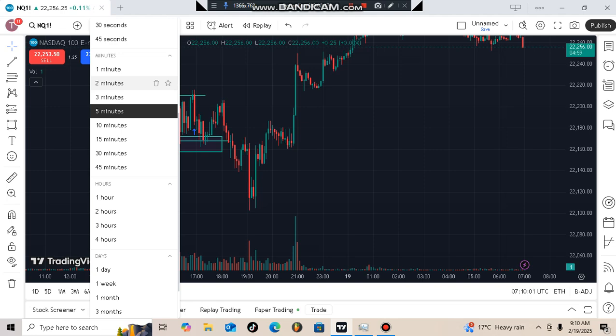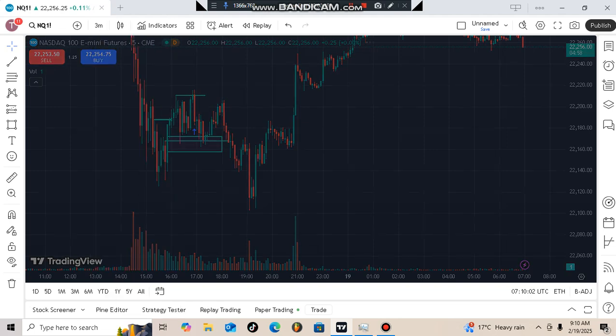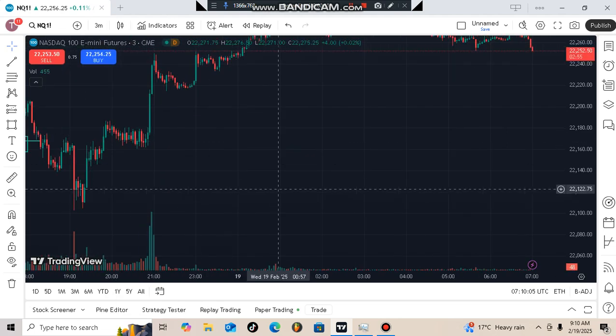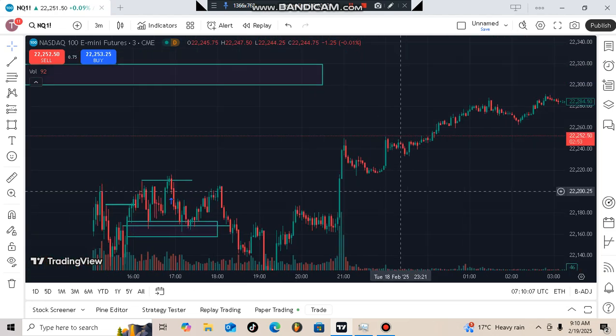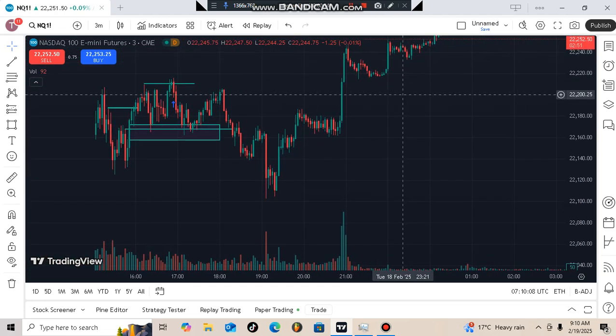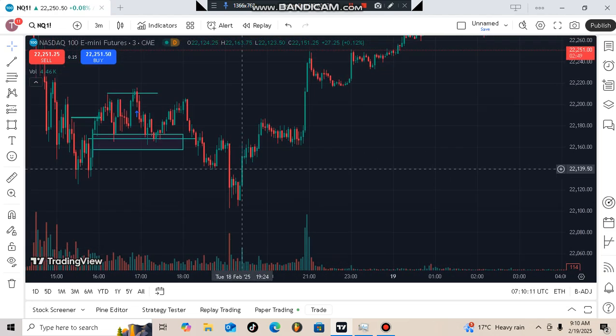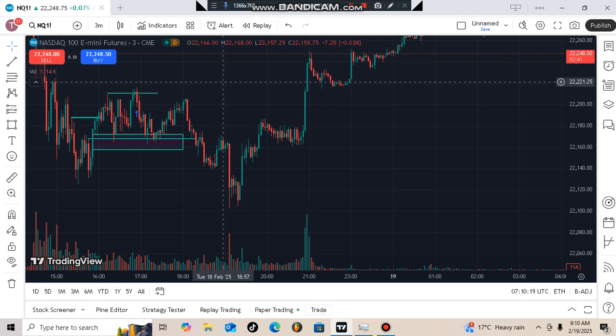Before we continue, we first have to explain what exactly external and internal liquidity are. External liquidities are those liquidity highs and liquidity lows that we look for market to break for us, to indicate that market has taken out significant orders to continue the cycle.